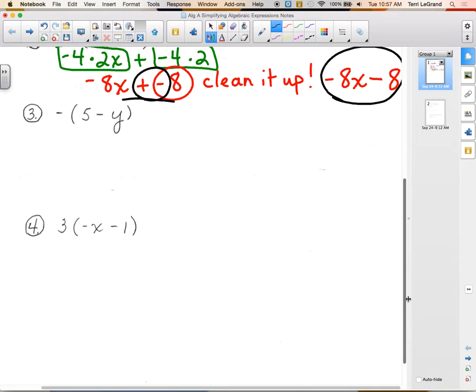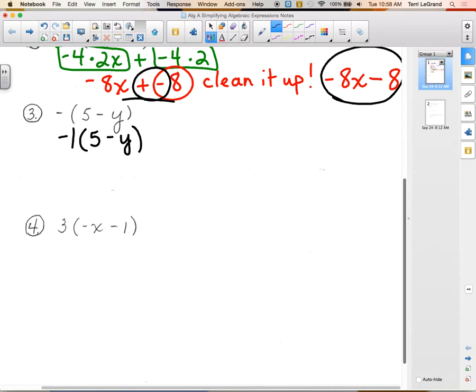So here's the first thing we're going to do. When there is not a number in front of the parentheses, what number can we multiply by that won't change the value? In other words, we won't be renaming the problem to a different value. 1, yeah. So we're going to rewrite that first of all, say, I can change that to, I can slip that 1 in there.